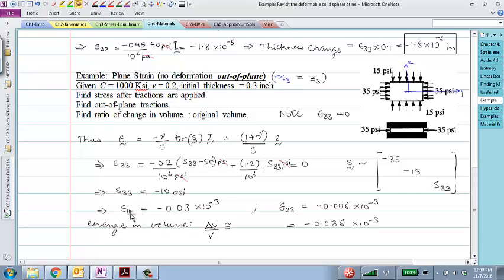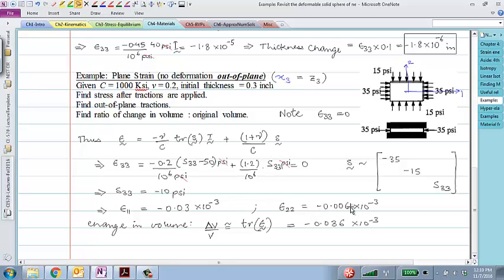By the same notion, you can go back, plug this in here, and calculate E11 to be minus 0.03 times 10 to the minus 3, and E22, the other diagonal component, would be these values. And what about change in volume? Delta V over V is obtained approximately as the trace of epsilon, right? And the trace of epsilon would just be the minus 0.03 and minus 0.006.